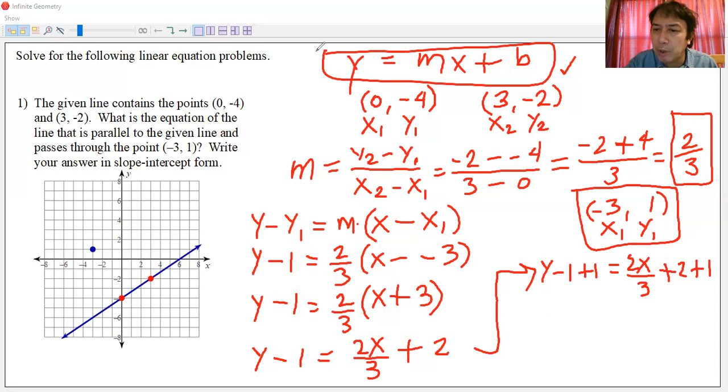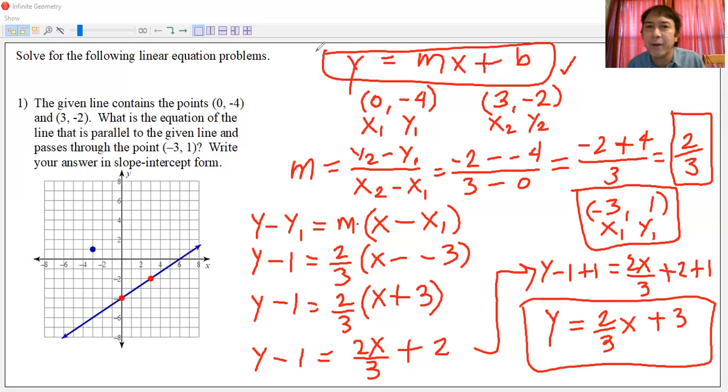The -1 plus 1 gives us 0, so the left side is y, and the right side simplifies to 2/3 x plus 3. This looks like the required slope-intercept form. All right, we can verify the answer and check it out.